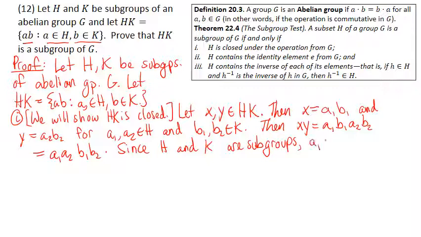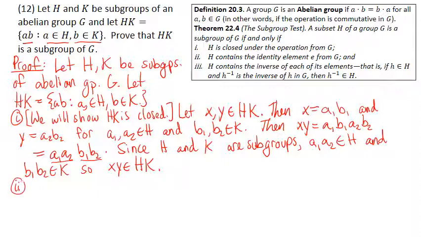So A1 A2 is an element of H, and B1 B2 is an element of K. So that would imply that XY is in fact in HK, because we've expressed it as the product of an element of H times an element of K, where this is the H element and this is the K element. Okay, so HK is closed.